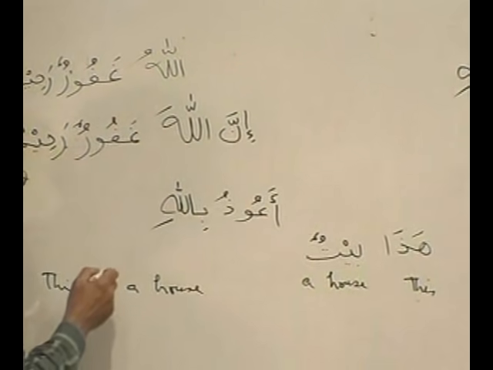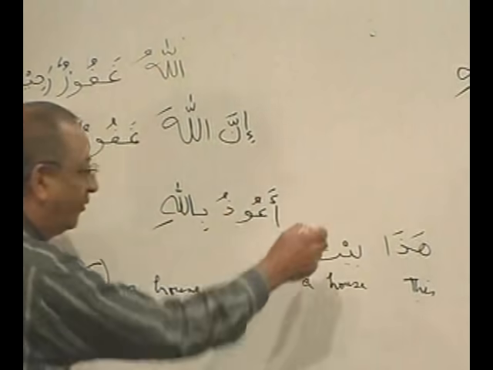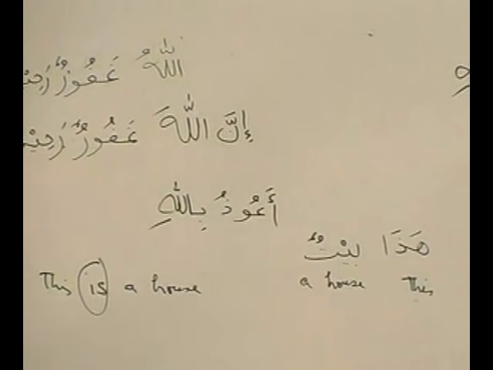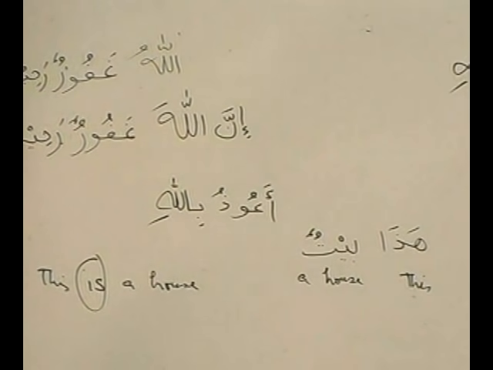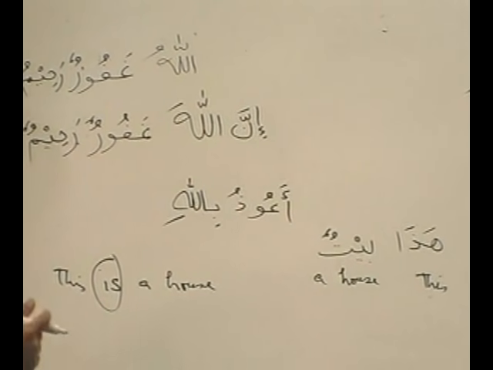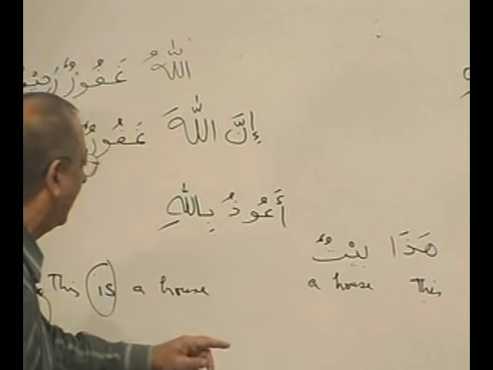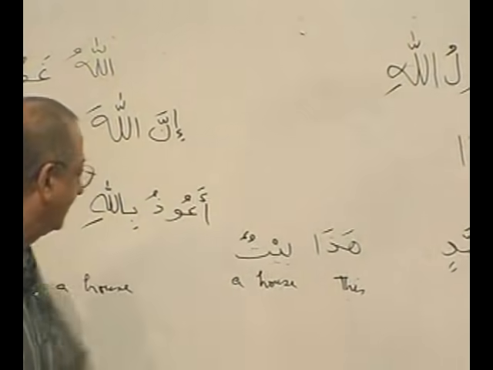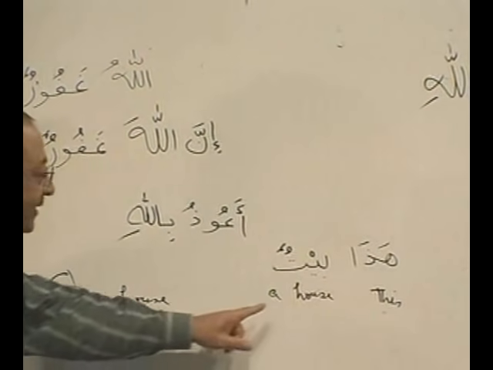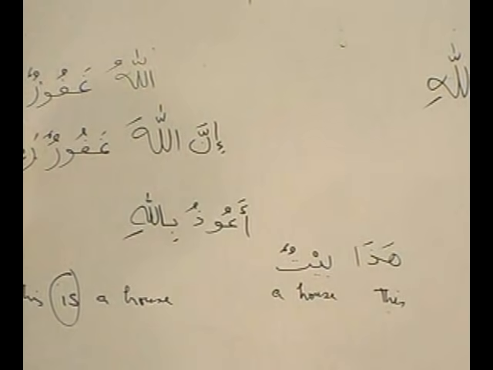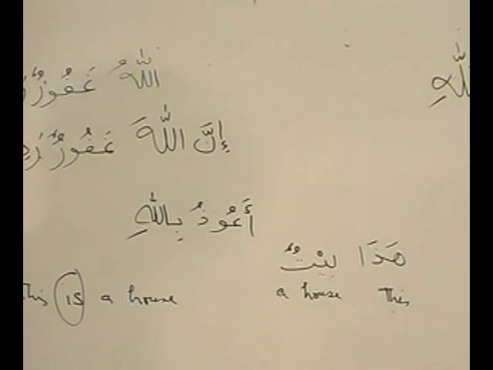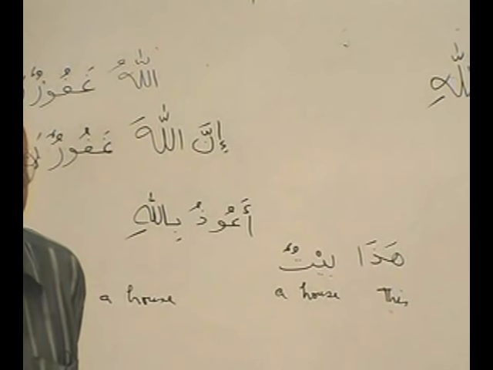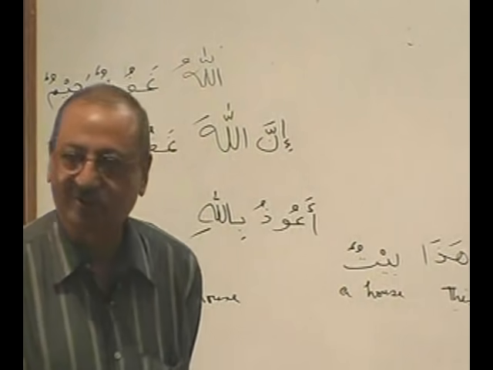But I don't see anything similar to is in Arabic. Are you with me when I explain? Brother Muhammad? You say this, which is equal to hada, and you say a house, baytun. What about is?